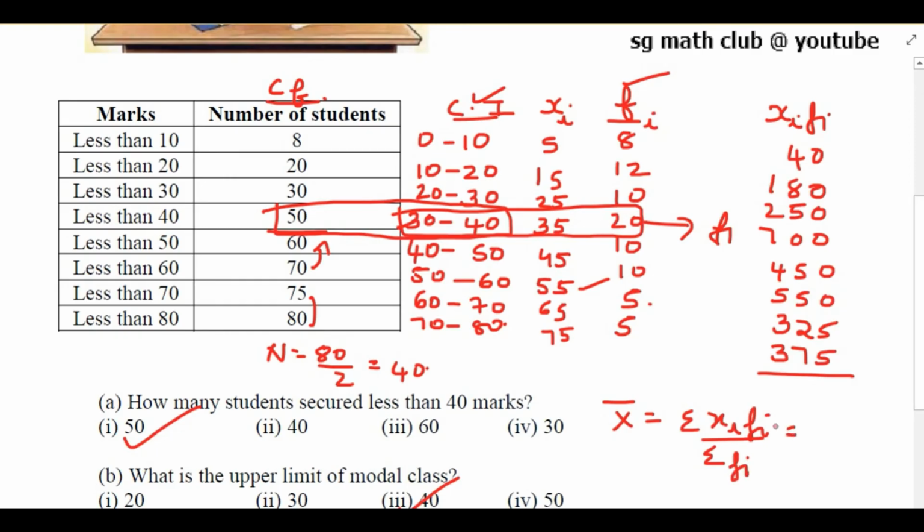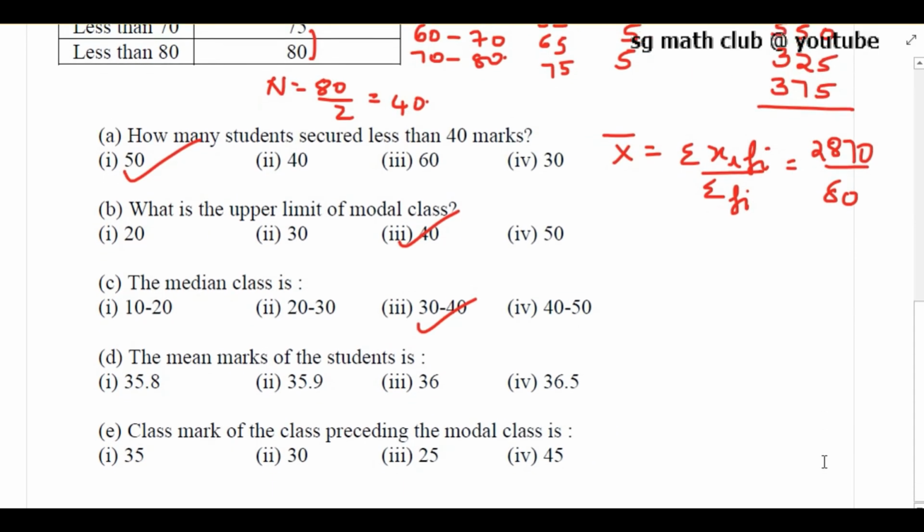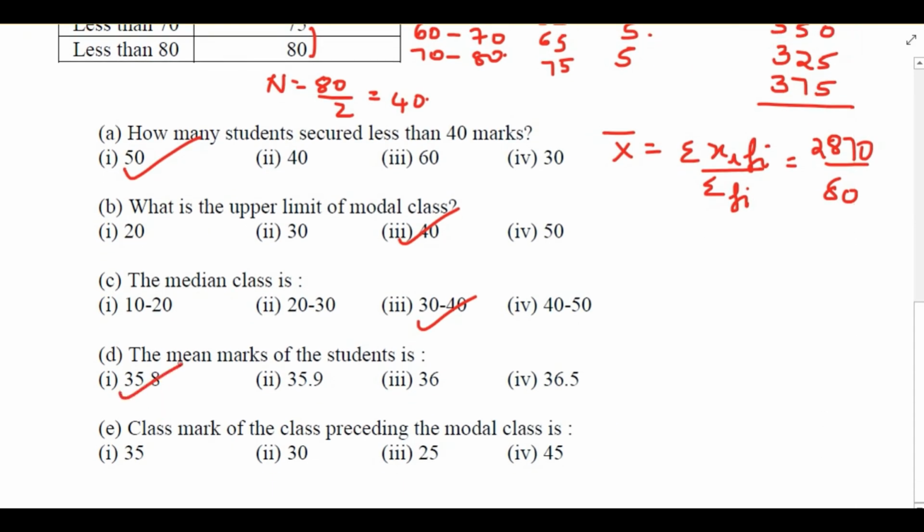So we need to add all these scores, that is 40 plus 180 plus 250 plus 700 plus 450 plus 550 plus 325 plus 375, which is equal to 2870 divided by our total, which is 80. So when you divide, we'll get 35.87. So let's see whether that answer is there. 35.8 is there. So mean marks is 35.8.